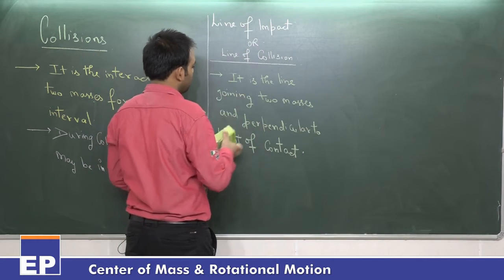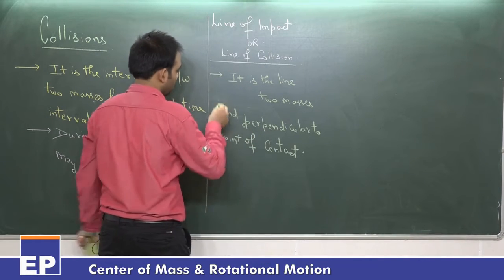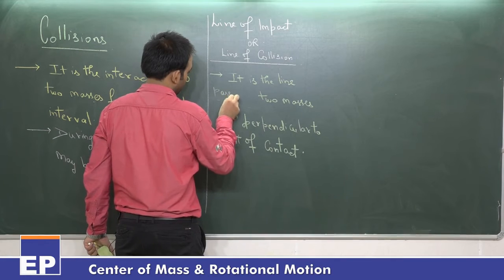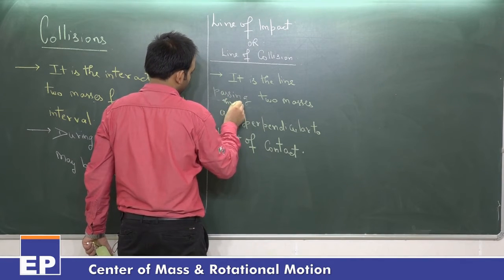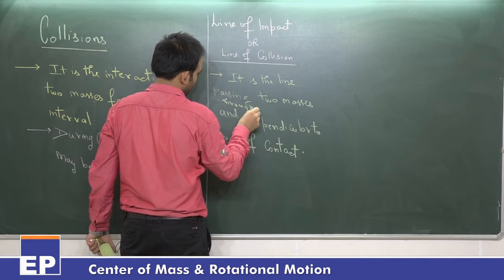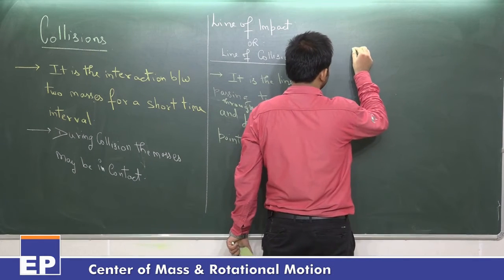It is a line passing through two masses, like these are the two masses.